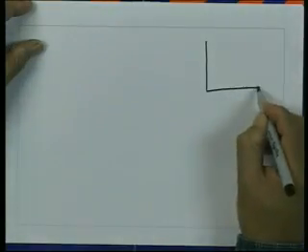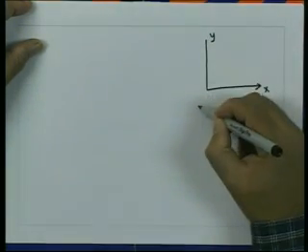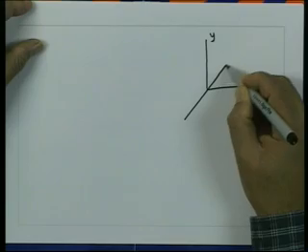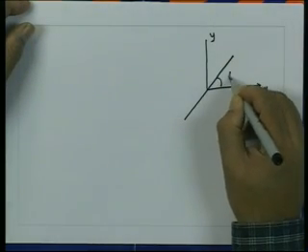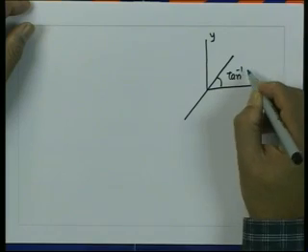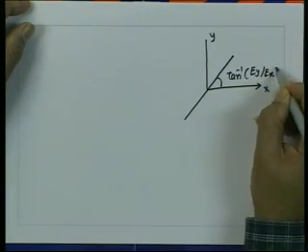So, if I consider an xy plane, this is x, this is y, a linearly polarized wave will look like that, and this angle would be nothing but tan inverse of Ey upon Ex.